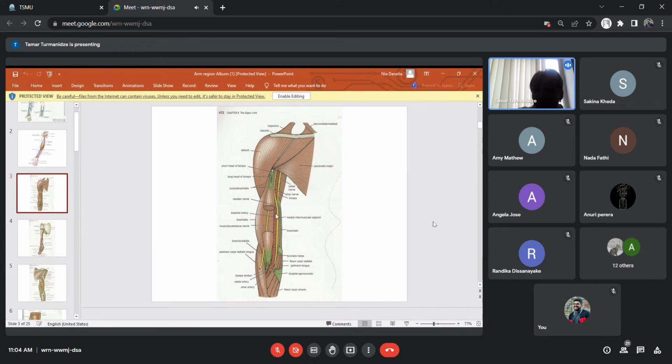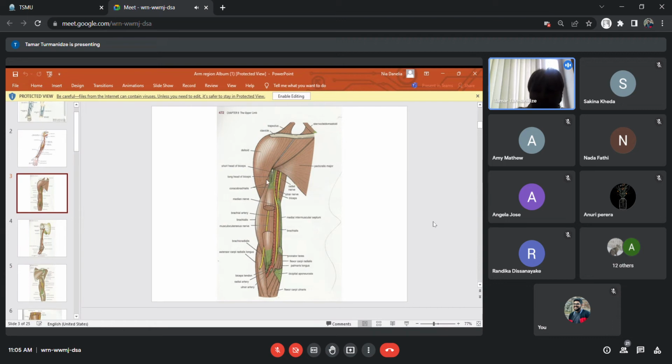In the middle third part, it crosses anteriorly the brachial artery, and in the lower third part, it is located medially to the artery. So the median nerve in the upper third part of the arm region lies laterally to the brachial artery. In the lower third part of the arm region, it is located medially to the brachial artery.